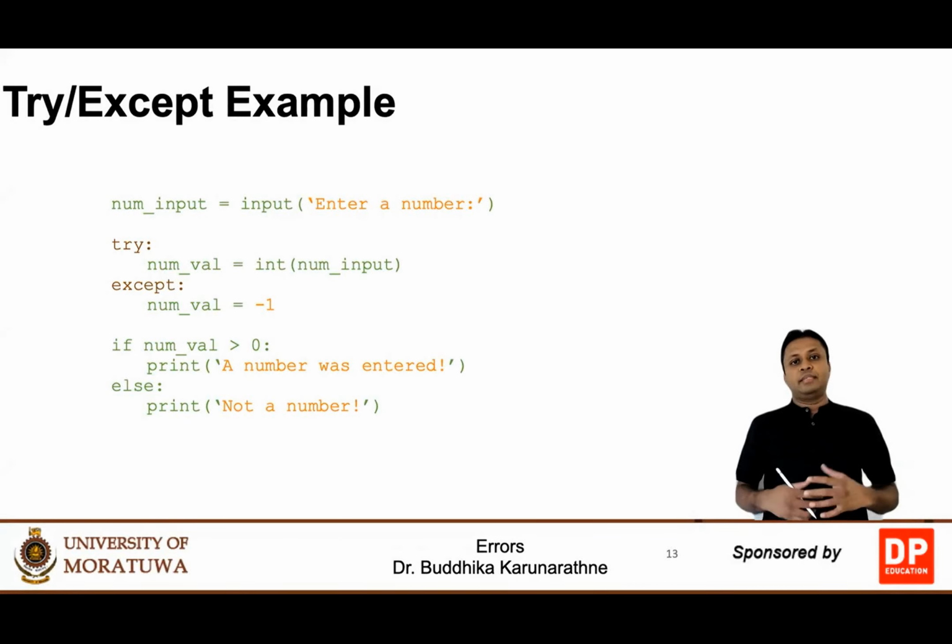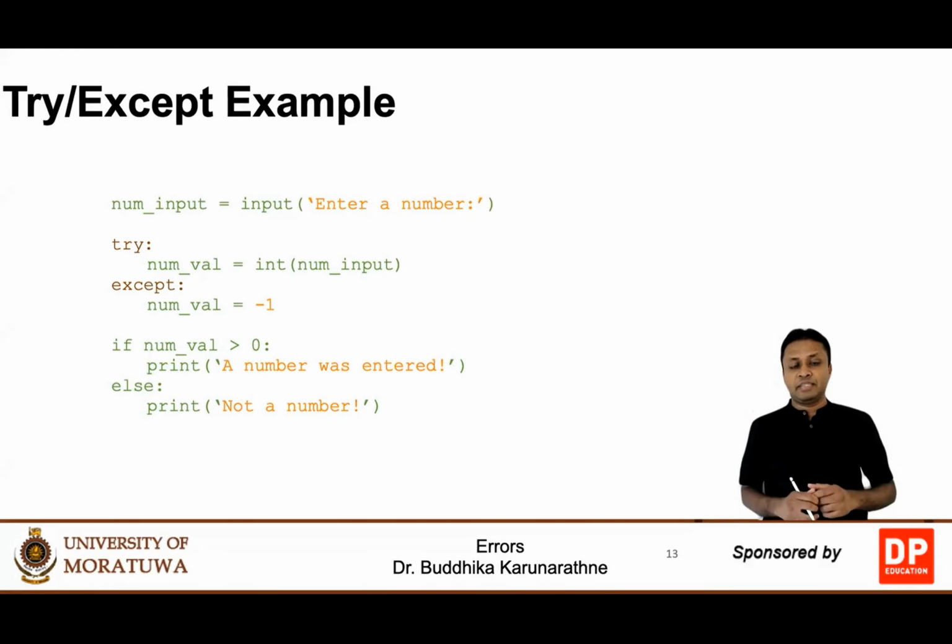Now we look at a simple example of this try except structure. In this program, we are expecting a number as input from the user. Once some input is provided, the program will try to convert that into an integer value. Notice that it is actually the risky operation.